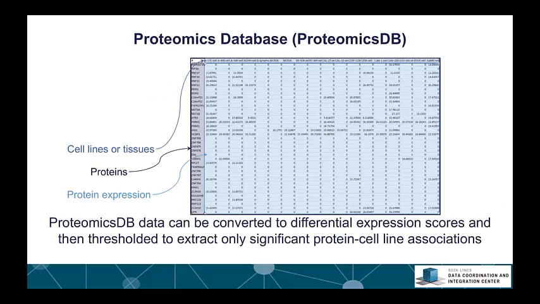The ProteomicsDB dataset is structured as a matrix with proteins labeling the rows, cell types or tissues labeling the columns, and protein expression levels filling the matrix.